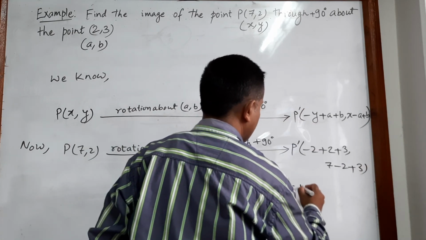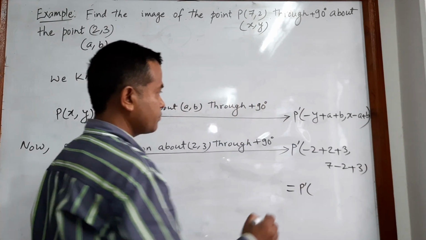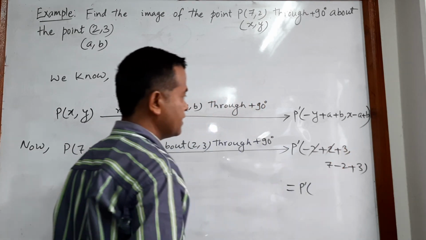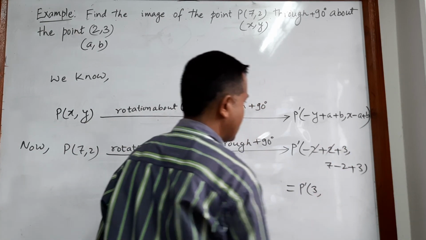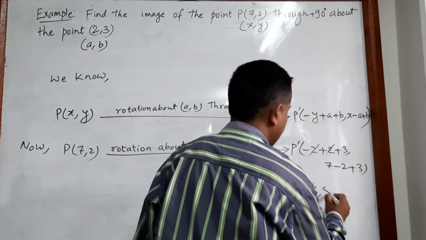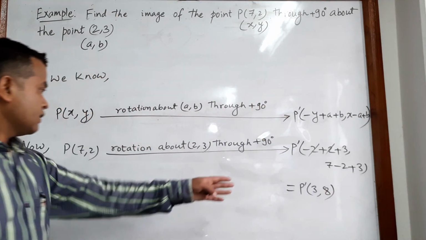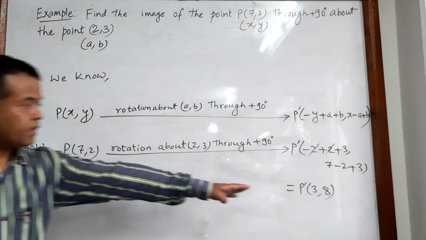So this equals P dash: minus 2 plus 2 can be cancelled, 3, and 7 minus 2 plus 3 is 8. This is the required image.